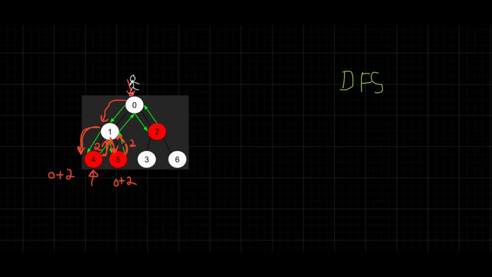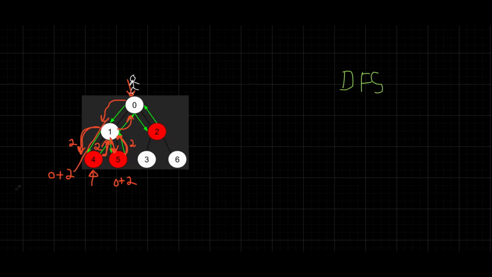So the left part of node 1 is returning 2, and the right subtree of node 1 is returning 2. So what will node 1 return? Node 1 returns the minimum time to collect the apples in the subtree where node 1 is the root.